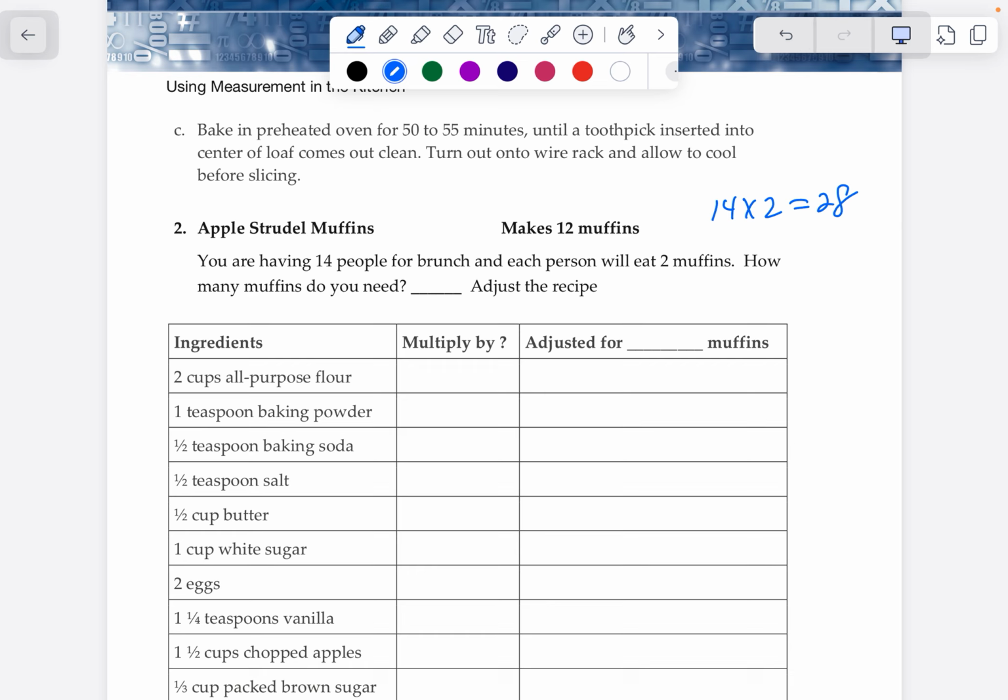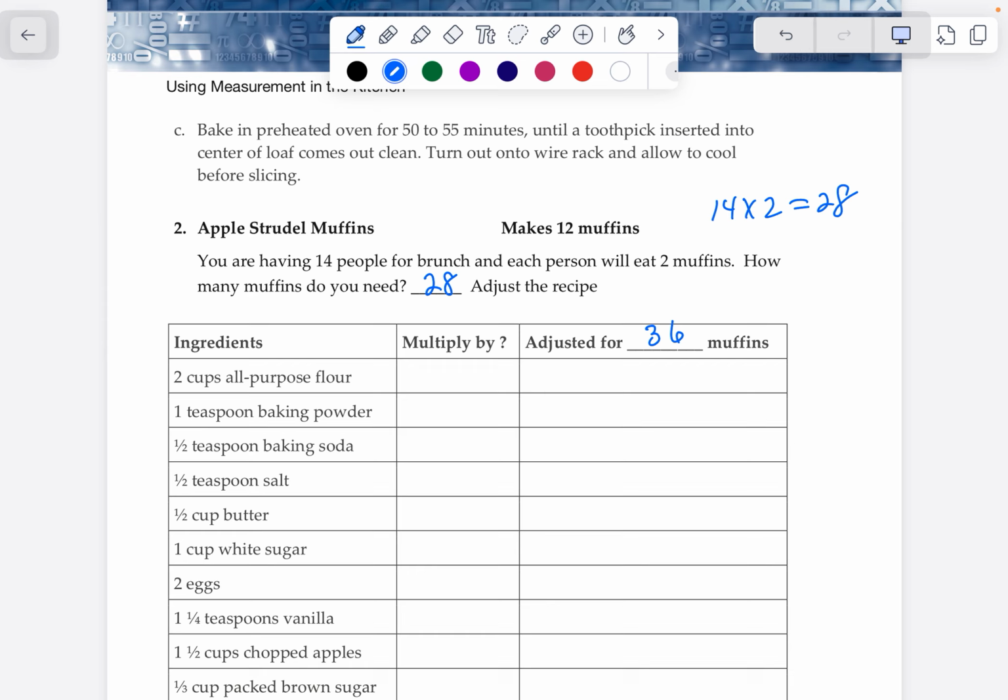But here's the problem. Can you make 36? Yes. So if you make 2 batches, you're only going to get 24 muffins. So you do have to round up, unfortunately. So we need 28. We're going to adjust it for 36. Okay, so we have to adjust it based upon the recipe. Otherwise, there are ways.